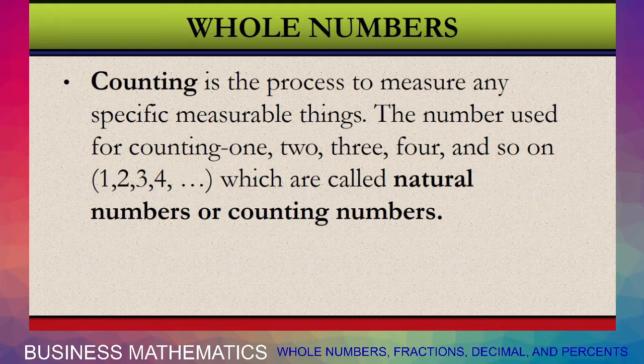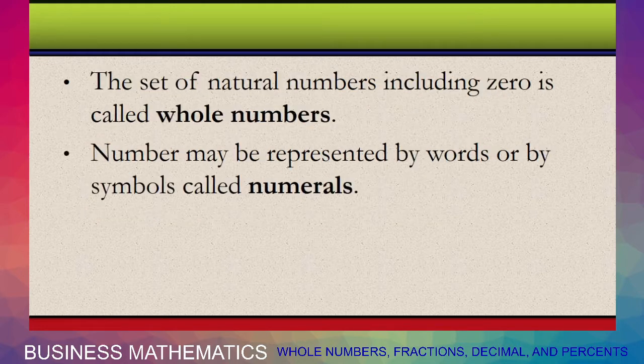So, sa counting kasi, hindi naman nag-start sa 0. So, si 0 ay ginagamit kapag ang term na ginagamit natin ay whole numbers. So, the set of natural numbers including 0 is called whole numbers. Yan, sabi ko sa inyo, kapag kasama si 0 dun sa bilang, 0, 1, 2, 3, 4, 5, 6, 7, 8, 9, 10, and so on, it is called whole number.